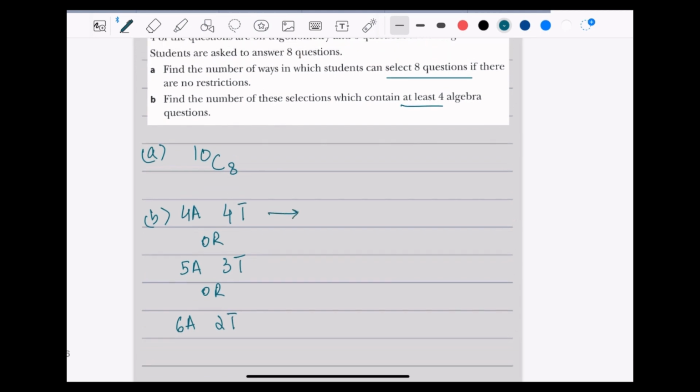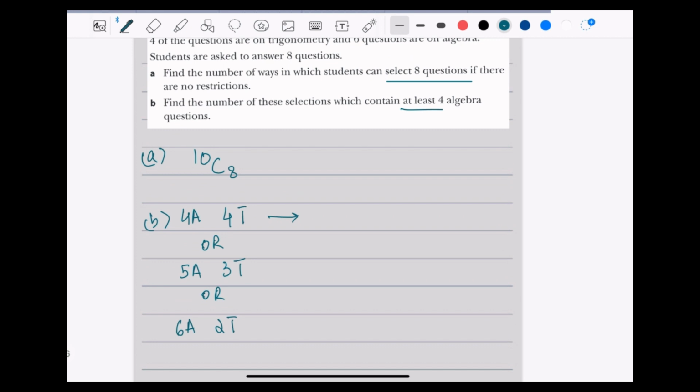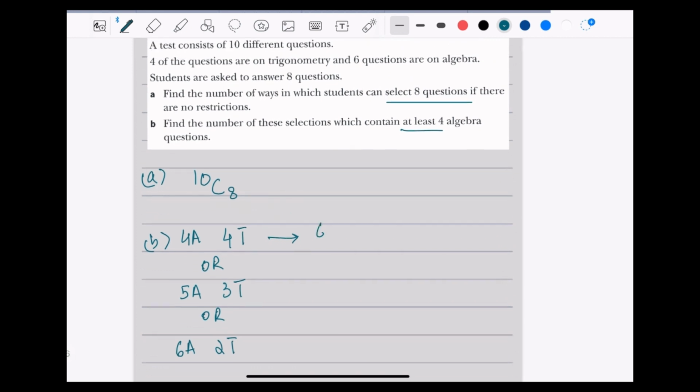So this gives you that since there are total 6 algebra questions, we'll write 6C4 times 4C4, which means in this scenario, he's choosing 4 algebra questions from 6, and all of them, since there are only 4 trigonometry questions, so he's solving all of them, plus 6C5 times 4C3 plus 6C6, which means solving all of the algebra questions and then choosing 2 questions from the lot.